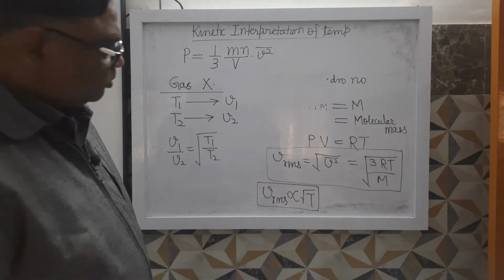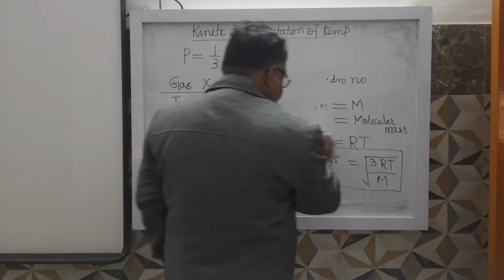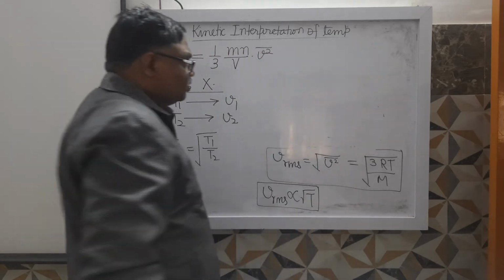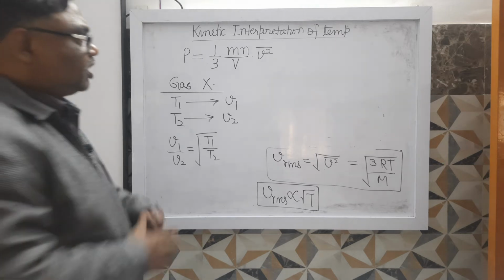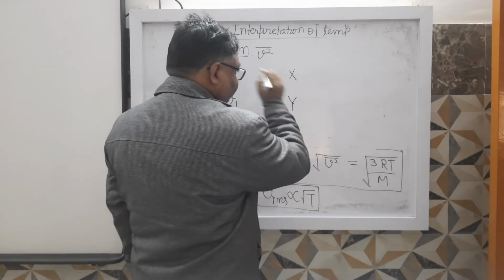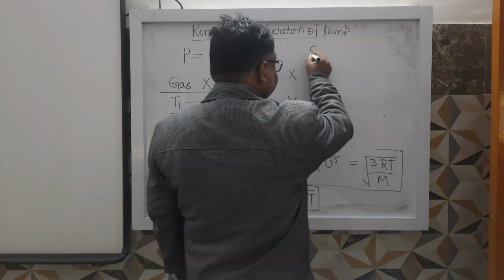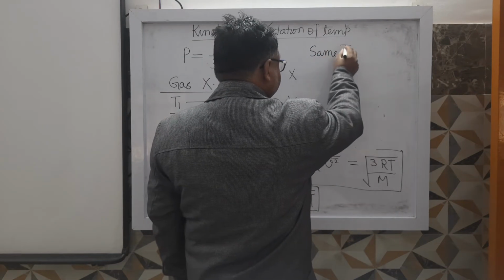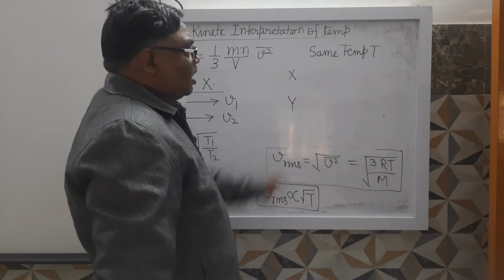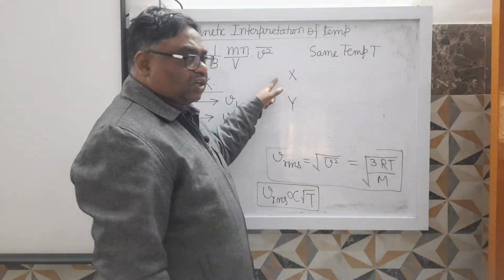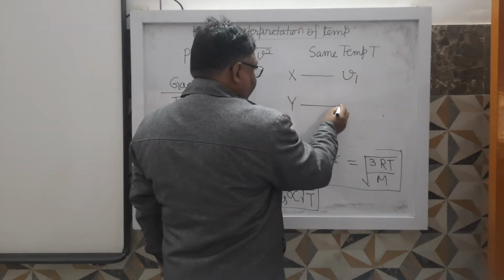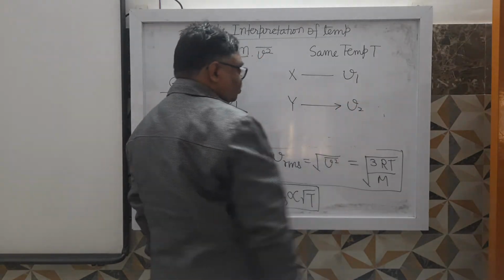Now see here, we can deduce one more relationship. Suppose there are two gases. One is the gas X, other is the gas Y. Both are at same temperature T. Let at this temperature, molecules of gas X are having RMS velocity V1 and gas Y molecules are having RMS velocity V2.